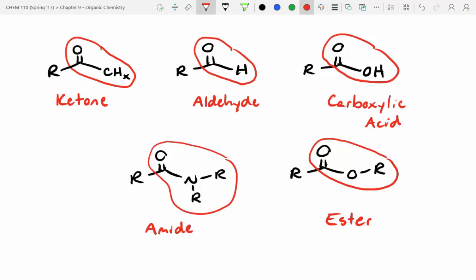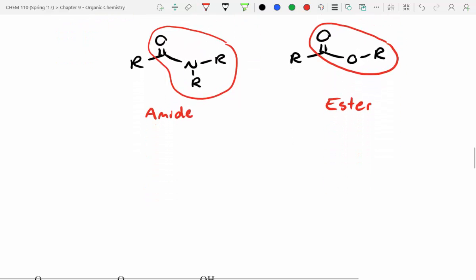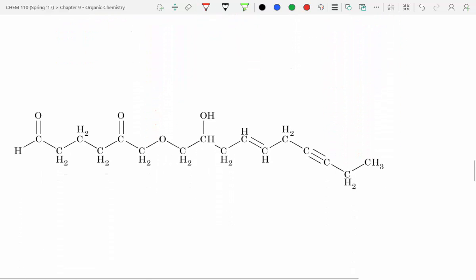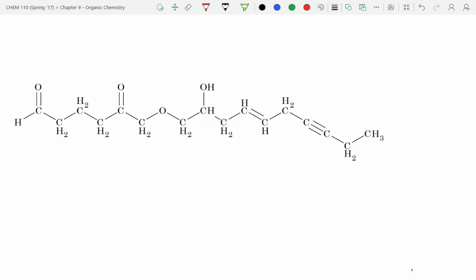So let's do some identification again. Here's our next molecule. Let's identify all the functional groups that we can.